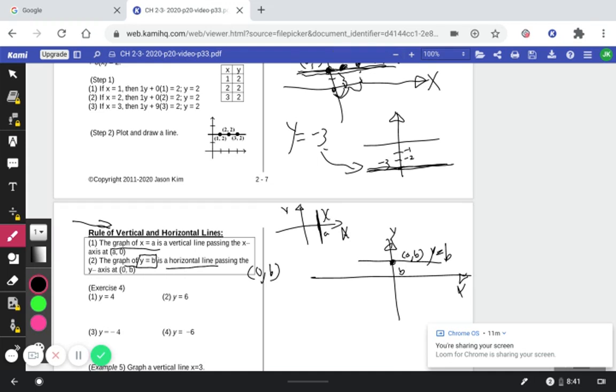So this is x equals 8. So you have to memorize that when you have a y equals b format, it's a horizontal line. When you have an x equals a format, that means it's a vertical line. Okay. So what does x equals a mean? X equals a means no matter what y value is, x is always a.